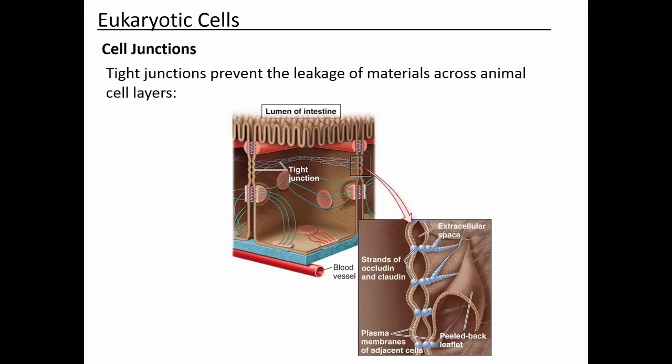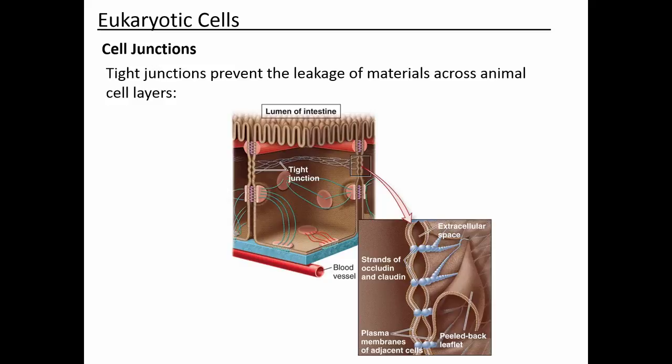And this would be the inside of your intestine where you're breaking down food molecules. On the other side of the cell, you're eventually going to absorb those food molecules that will eventually move into the bloodstream. The tight junctions that are here prevent molecules from simply passing through between two cells.